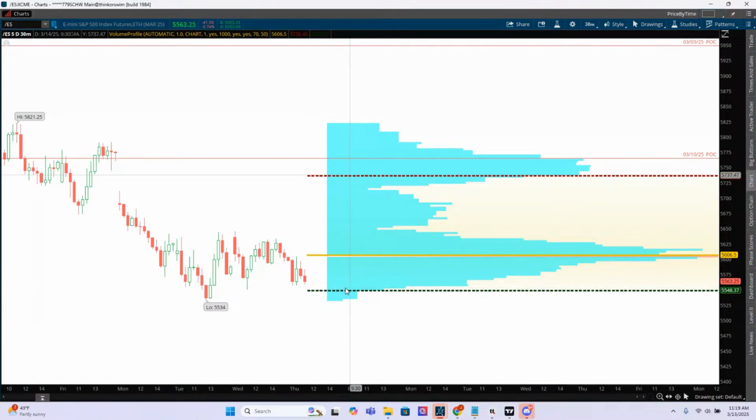This represents the 5-day volume area high, and this is the low, and this is what's called the point of control. Statistically, 70% of the volume happens between this point and this point, and the area where the highest volume occurred was this point.